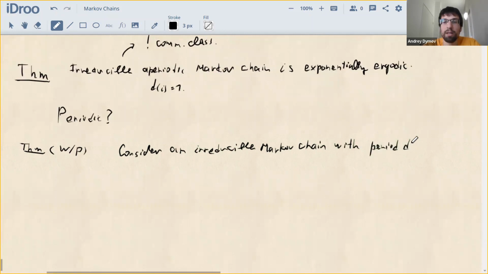So all its states have some period d, which is, say, more than one. Then there is a unique partition of the state space.